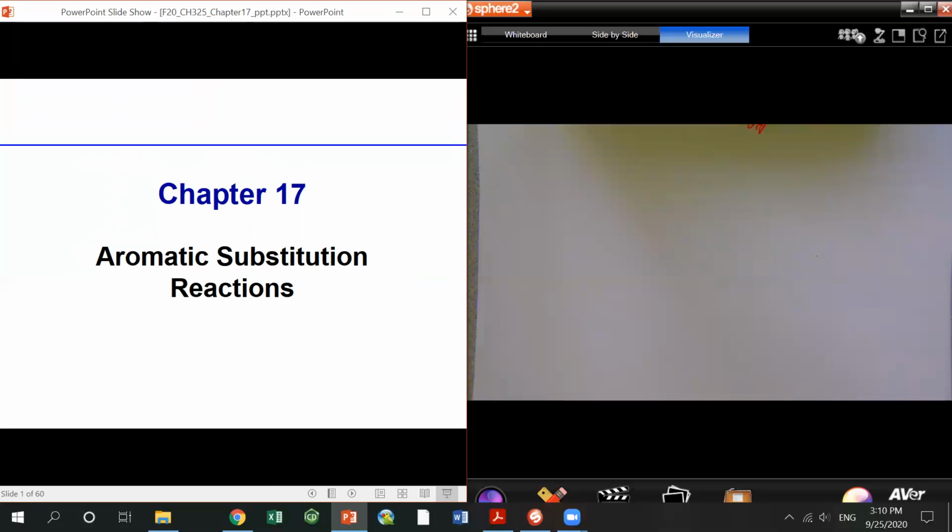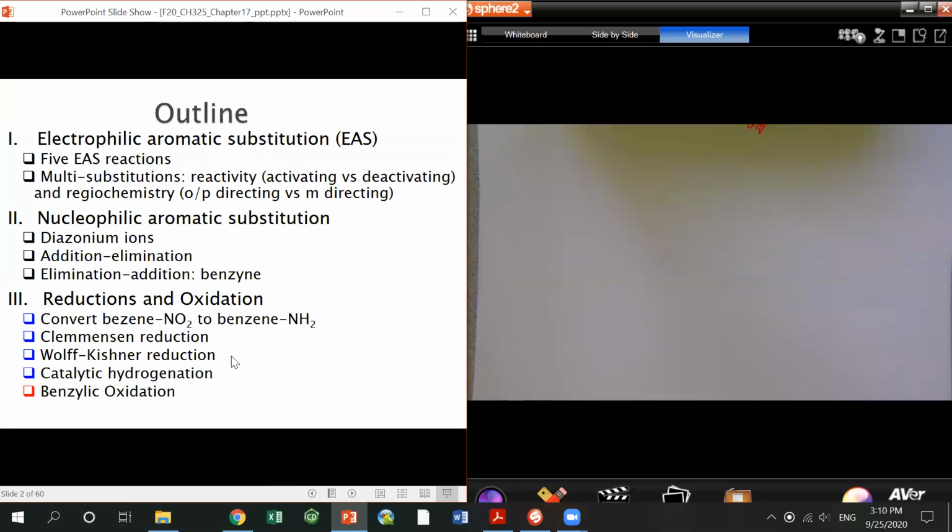Here is a summary of this chapter. This is also a huge chapter, so we will spend more than one week, probably close to two weeks, to finish it. First we'll learn electrophilic aromatic substitution reactions, also called EAS reactions. For benzene, we'll learn 5 EAS reactions.